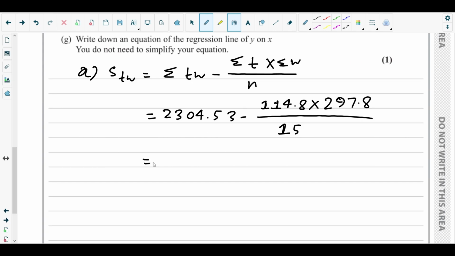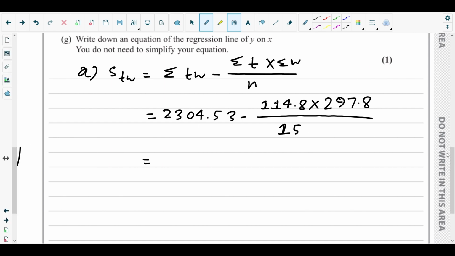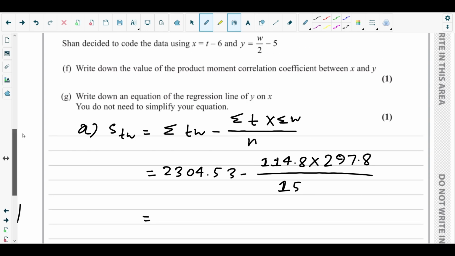This is 2304.53 minus 114.8 times 297.8 over 15. So the value of S of TW is basically 25.3673 something.